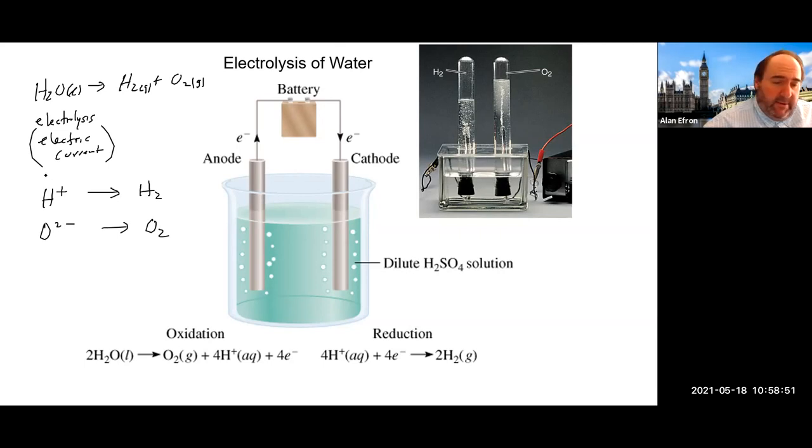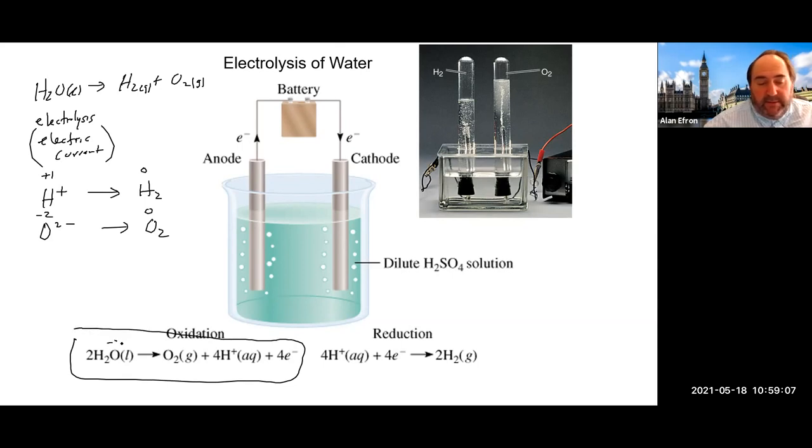So we're going from +1 to 0, again being reduced, going from really -2 to 0, being oxidized in this case. So that's what we see here. We basically have our water, where the oxygen is -2, going to 0, as I just put up there. And on our reduction side, we have our +1 going to 0 over here in terms of the hydrogen gas.